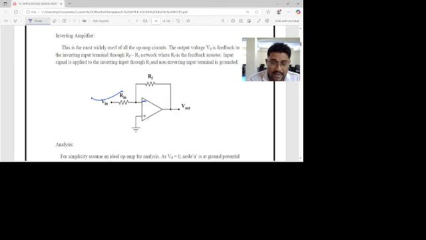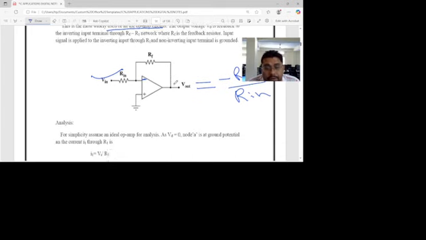The positive terminal should be grounded, with a feedback resistance. So we can write its output V0 equal to minus RF by Rin into Vin.